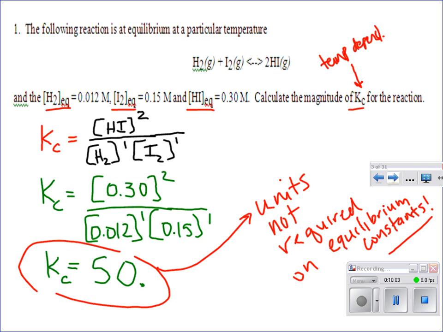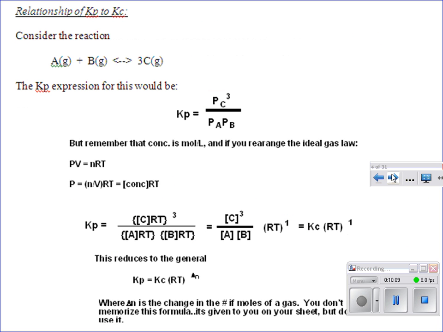All right, I'm not going to do any more of just the plug and chug expression stuff. We're going to get plenty of practice with this in the next few days. What I do want to do now is talk about how to convert back and forth between Kp and Kc. We know that both Kp and Kc are products over reactants raised to the coefficient, but one is concentrations and one is pressures. We can convert back and forth through, and I'm not going to go through this.